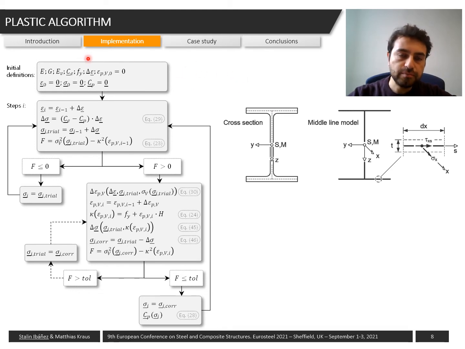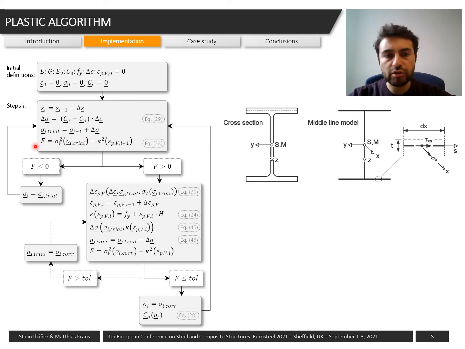In the fiber, we have a certain increment of strain, and we use it for determining the strains at step i. Also, the stresses are determined with these corresponding strains, and the stress at step i is updated. We call it trial stress because we want to test if this is the real stress state or not.